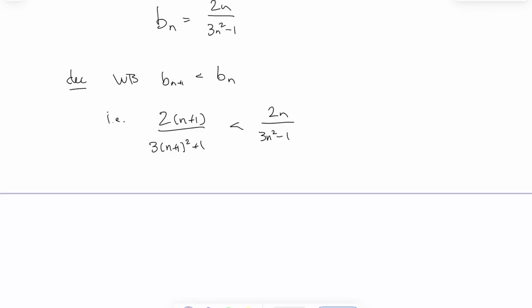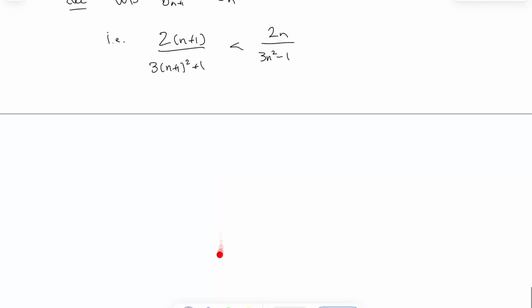This, when you write it, is backwards, because I'm starting by writing what I want to show, and I eventually end up with something which I already know is true. The fact that I'm writing a backwards logical argument is why you should put some words in here to explain that what you're writing is actually logically in reverse. So anyway, this is what I want to show. This is the same. You can just say i.e. every time or something like that. I will distribute the 2 up top.